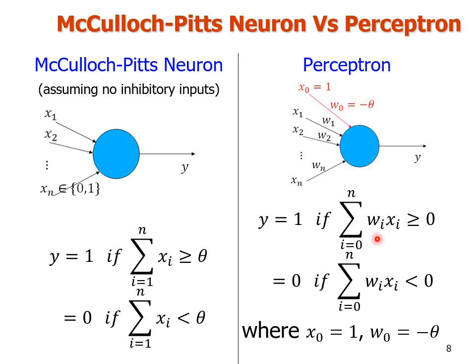But please note, here the weights including the threshold can be learned, and the inputs can be real values also. So I hope you have understood the difference between the MP neuron and the perceptron clearly.